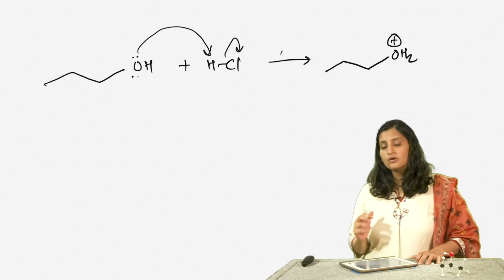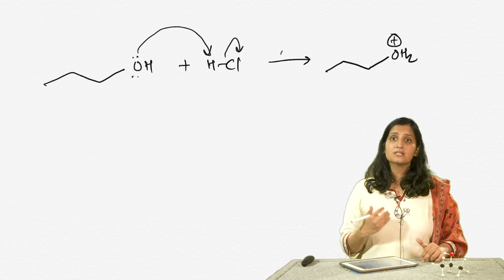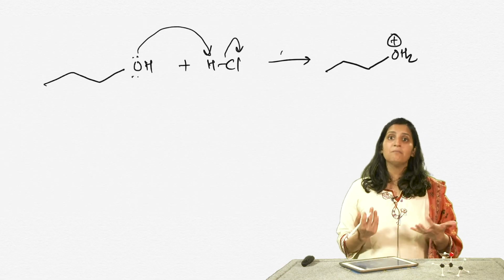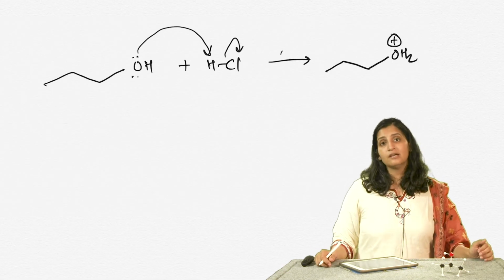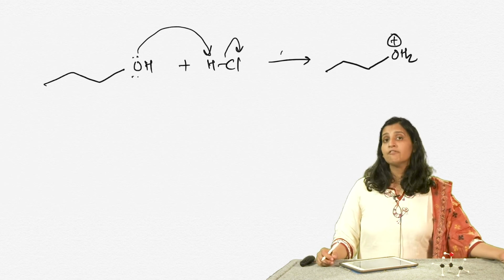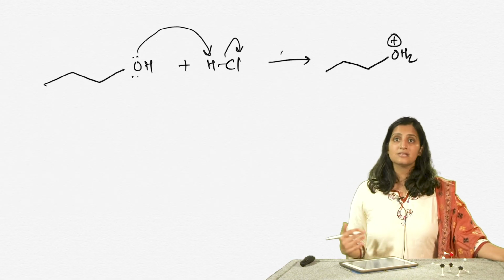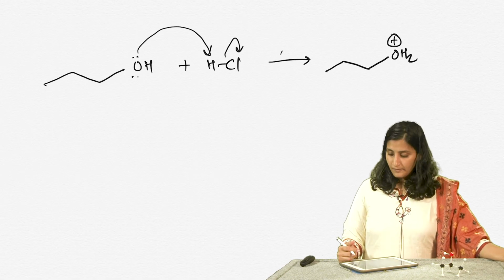Although we have created a good leaving group, remember that if it leaves, you are going to create something unstable, because the primary carbocation that will be created will not be stable enough. So, there is no driving force for this protonated alcohol molecule to react in an SN1 fashion.